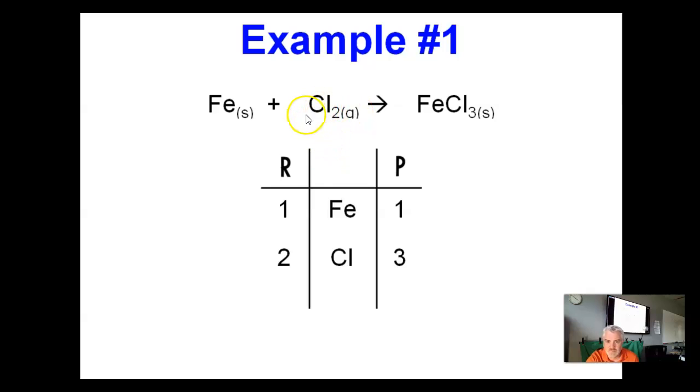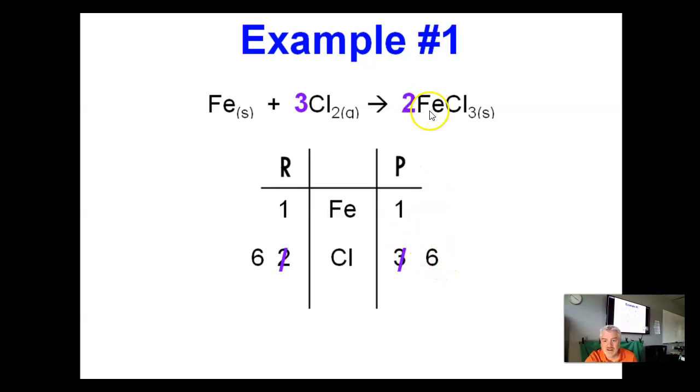So if I go in and put 3 chlorines, that changes my chlorines here to 3 times 2 is 6. And then I know that I need 6 chlorines over here. I already have 3, so what times 3 is going to equal 6? That's going to be 2. So if you think about 2 times 3 equals 6, we're going to change that to 6.